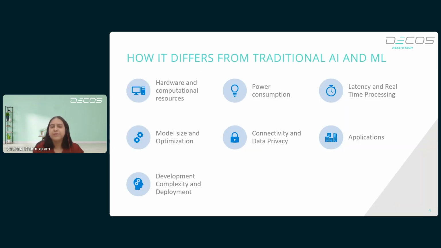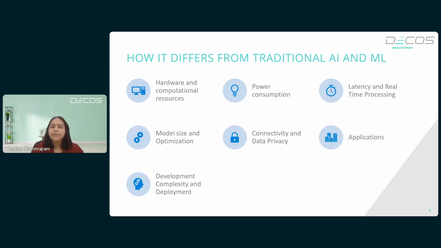Here are some differences between TinyML and traditional AI/ML models. The first difference is hardware and computational resources. TinyML runs on low-power microcontrollers, for example, ARM Cortex-M, ESP32, with limited memory, typically less than 1 MB RAM, and processing power, while the traditional AI/ML model runs on high-performance GPUs, TPUs, or cloud-based servers with large memory and high computational capacity.